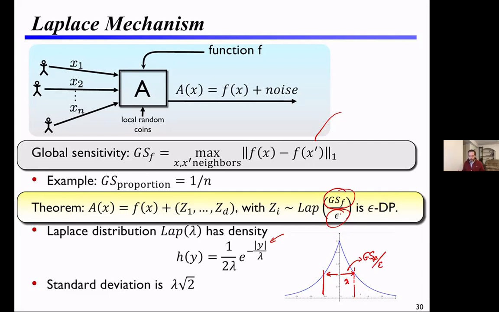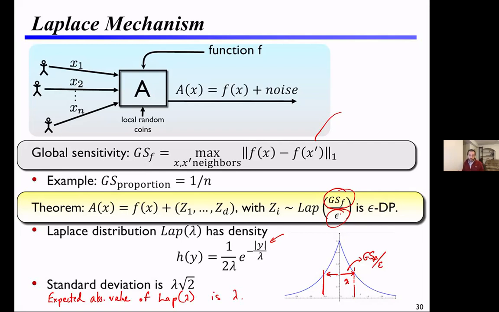So roughly speaking, it's very close to lambda. In fact, it's also true that the expected absolute value of a random variable with this distribution is exactly lambda.